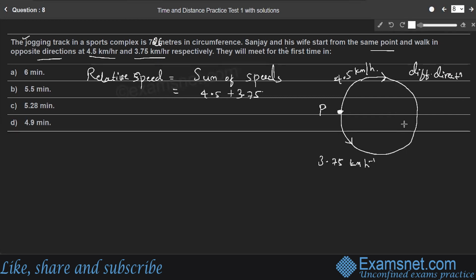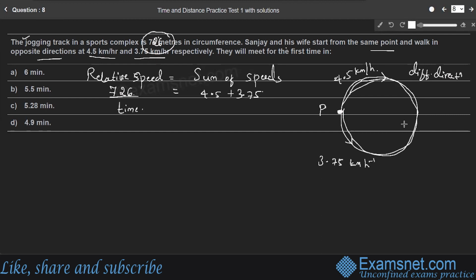According to the concept of speed, it is distance by time, right? Both of them cover 726 meters because the track circumference is 726 meters. So the time taken by them gives their time of meeting.